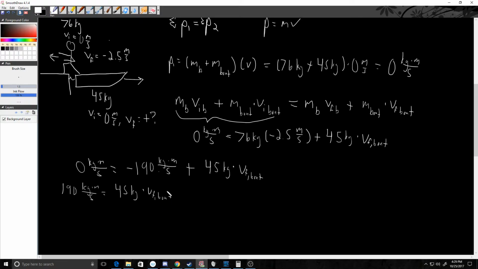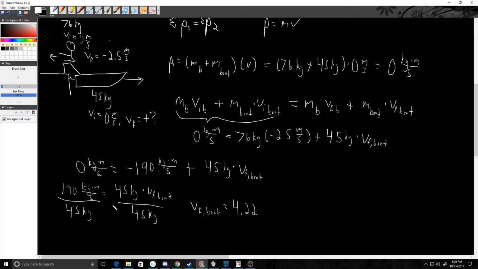I still need to get VF of the boat by itself. It's being multiplied by 45 kilograms, so I just need to divide by 45 kilograms. So VF of the boat is equal to 190 divided by 45, and I got 4.22.